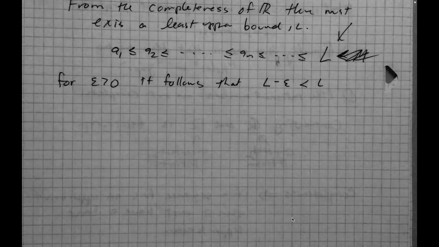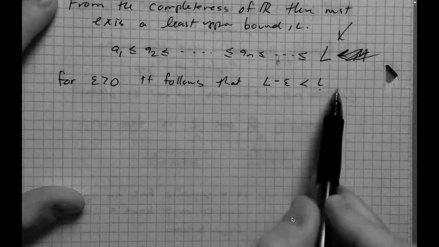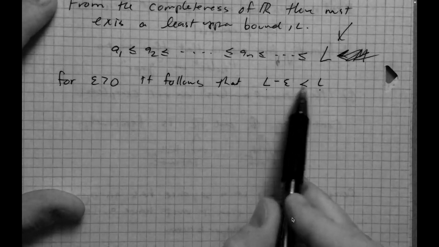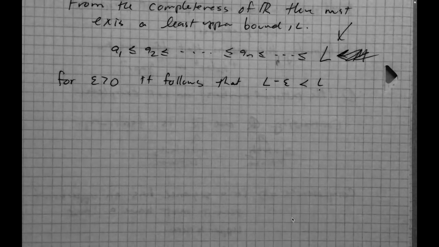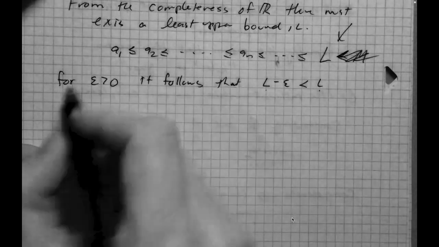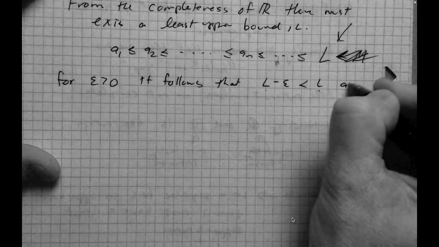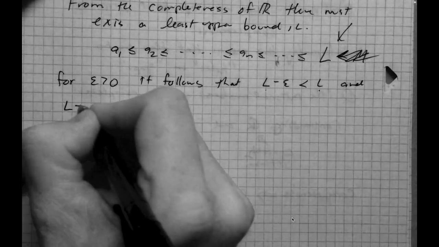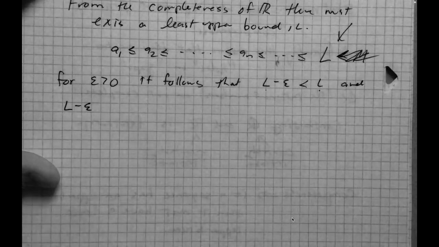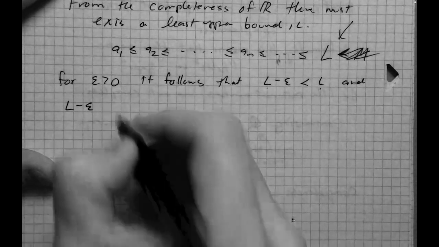If I take L and subtract a positive quantity from it, I'm going to have something smaller than L. So L minus epsilon is less than L. And L minus epsilon is not an upper bound on the sequence.